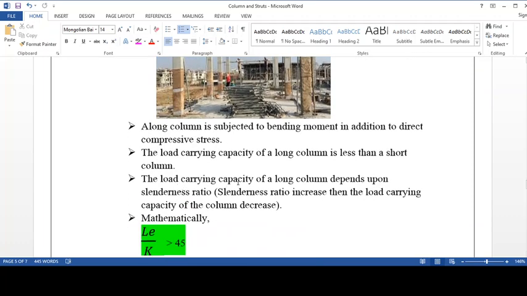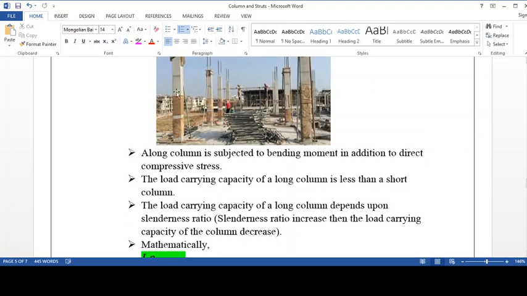The load carrying capacity of a long column depends upon slenderness ratio. In case the slenderness ratio increases, the load carrying capacity of the column decreases.